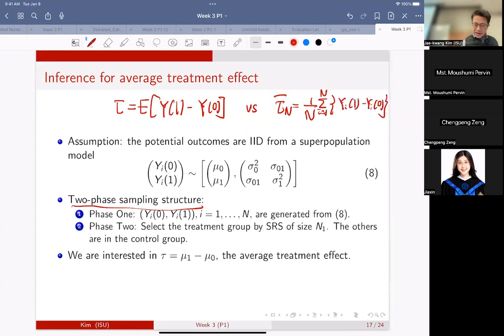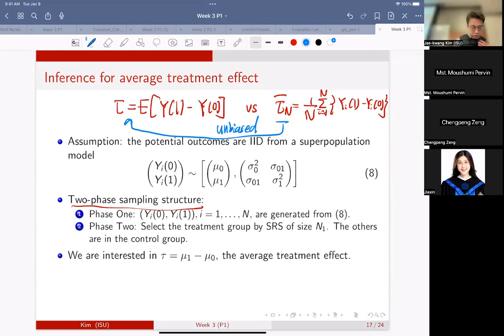The conclusion might change. But the bottom line is this is actually unbiased for this, right? So you can view tau bar N as an estimator if we could observe the two potential outcomes, which we can't.